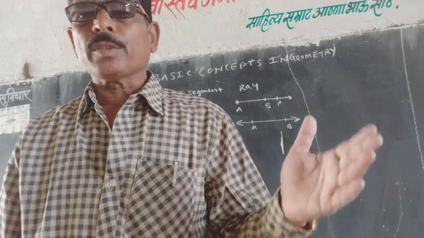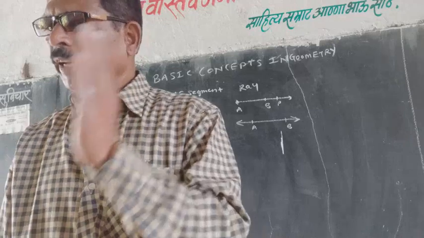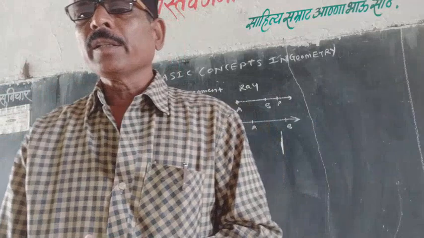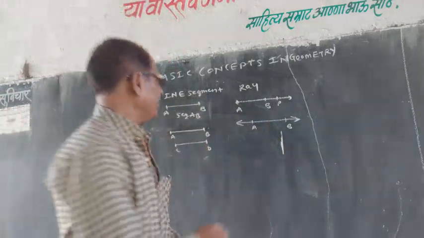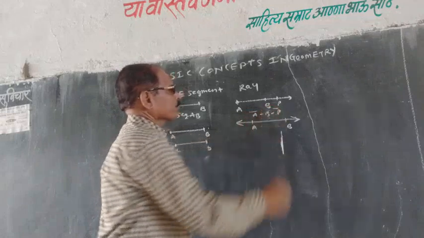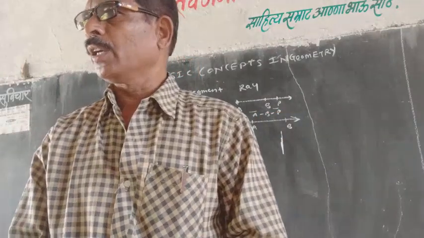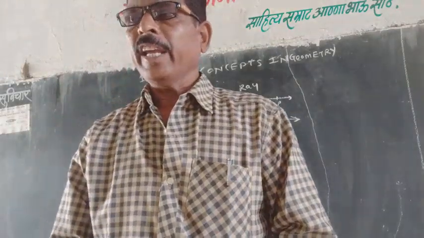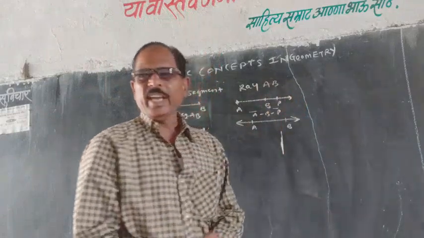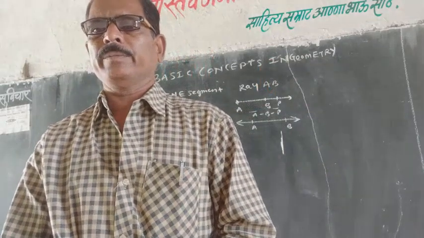The union set of all points on segment AB and point P such that A-B-P is called the ray AB, and point A is the origin of the ray.